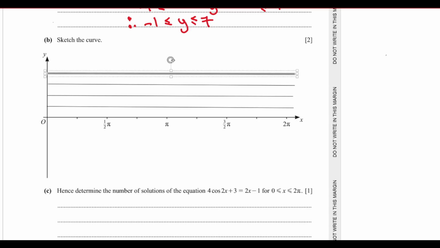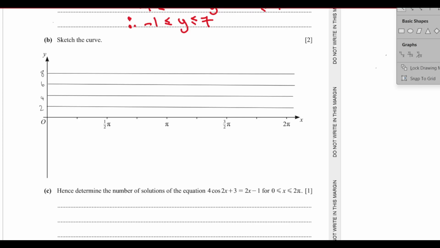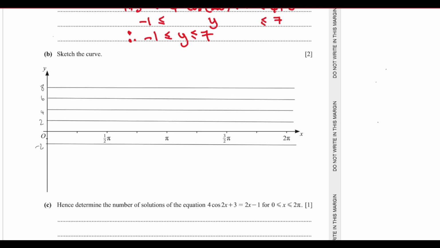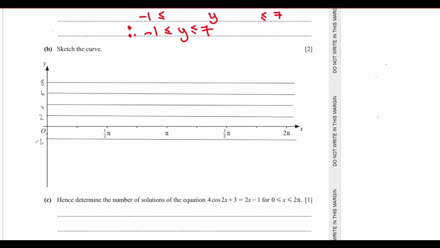So we'll have 2, 4, 6, 8. Okay, we need to keep the same grid lines over there. The negative, so that's -2. So -1 is between 0 and -2 over there. Okay. What is this over there? That is pi over 2 divided by 2, which is pi over 4.